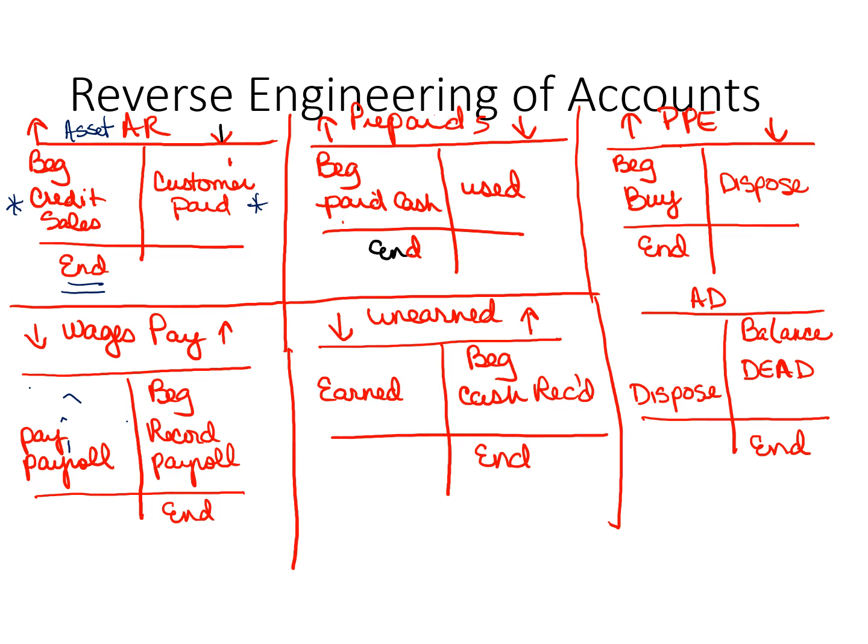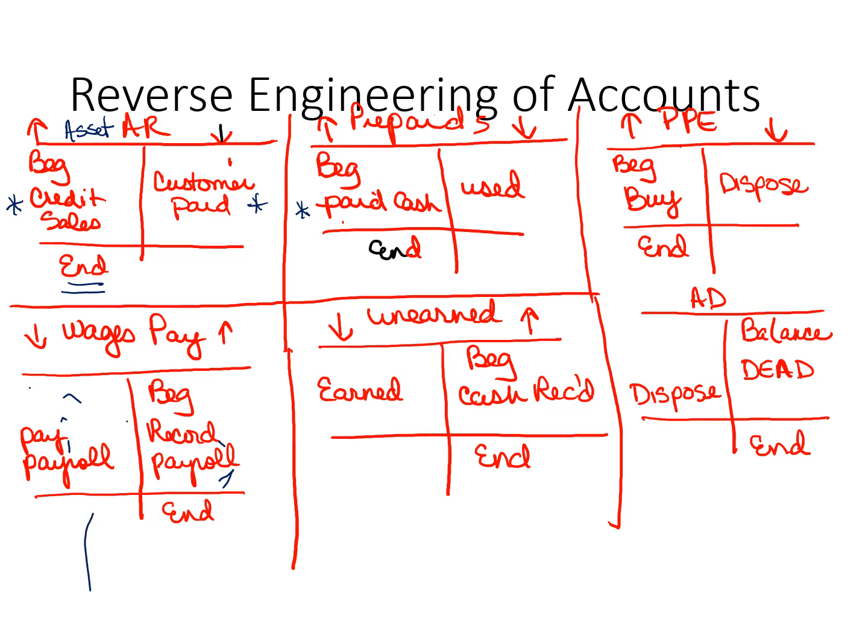When we look at prepaids, like prepaid insurance, prepaid rent, again, it's a current asset account. It'll have a debit beginning balance, and prepaids increase when we pay cash for an insurance policy or we prepay our rent.